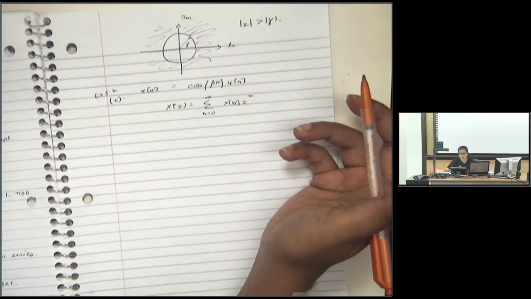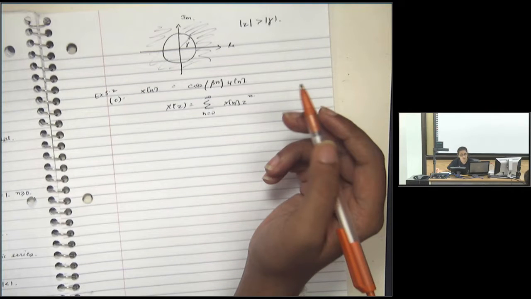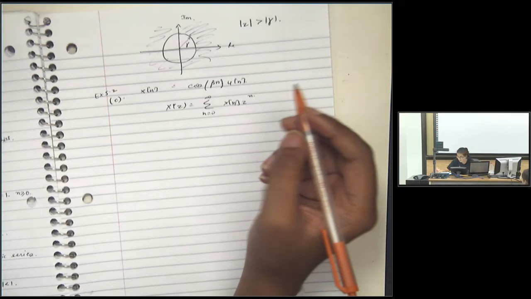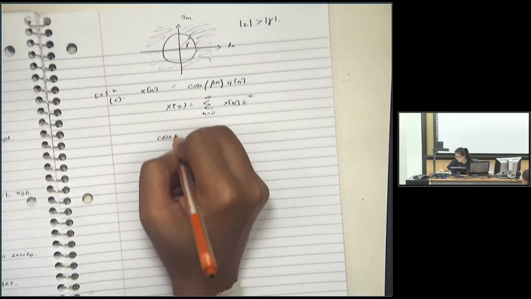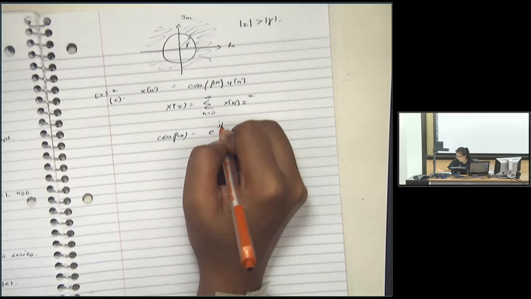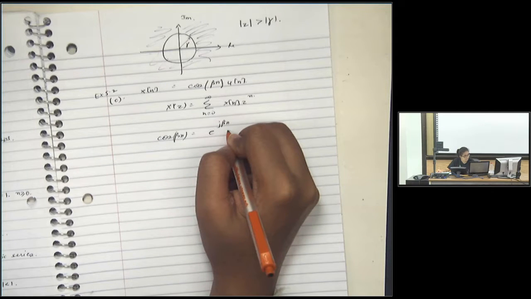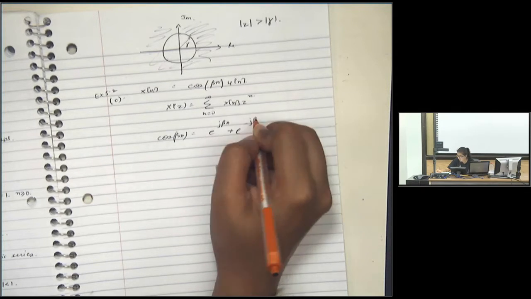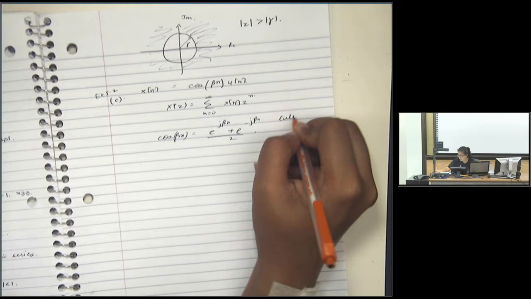It will be easier for us. All right. So how will you write cos beta n as exponentials? Correct. So cos beta n is e raised to power j beta n plus e raised to power minus j beta n over 2. Standard Euler's identity.